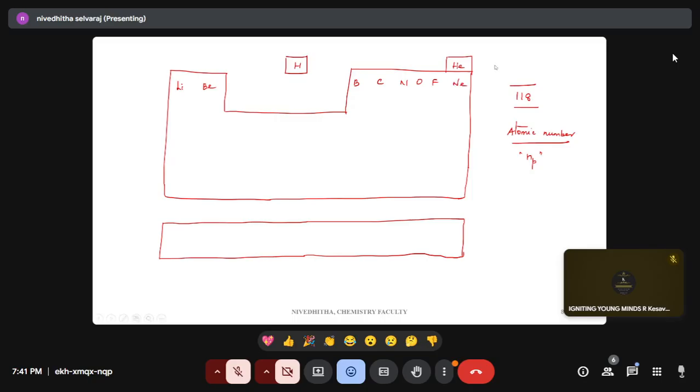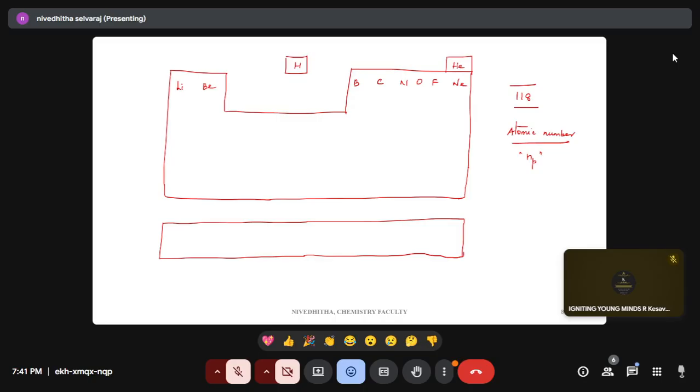So based on the atomic number, elements are arranged in this periodic table. Fine. And as Senthamil Chelvan said, we have 18 groups and 7 periods.